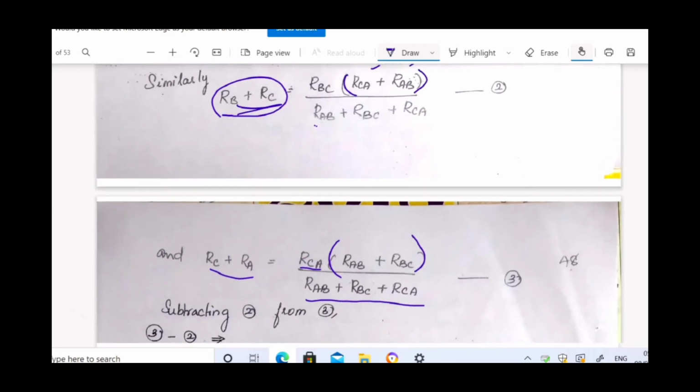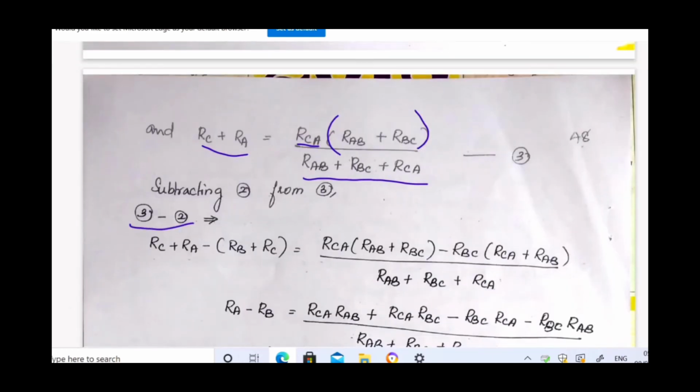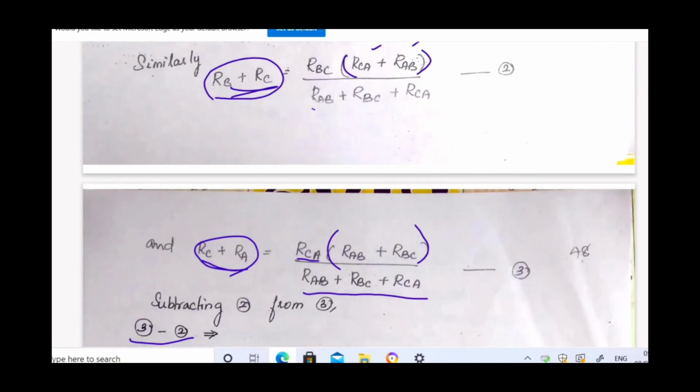Now subtract 2 from 3, means 3 minus 2. What is 3? 3 is RC plus RA. Which one is 2? RB plus RC.